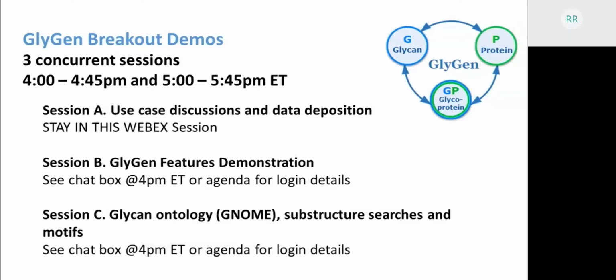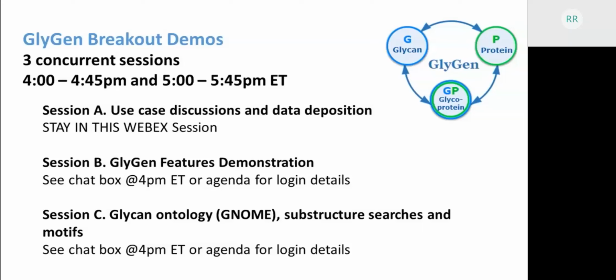So UniProt can't do it because it doesn't have the glycan part. Usually glycan databases cannot do that because we don't have the protein function part, but GlyGen, for example, can do that. But it's a relatively complicated question, and even in GlyGen, to get the answer to that might be challenging.